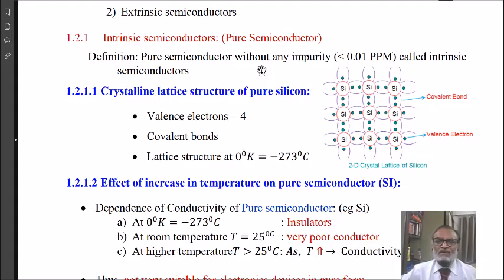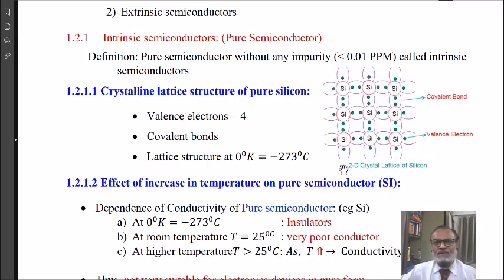And therefore, to have a stable outer shell, we need at least 8 electrons in the shell. Therefore, these atoms make a covalent bond with the adjacent atoms of the material, and that forms a lattice structure. The lattice structure exists from 0 degree Kelvin onward.